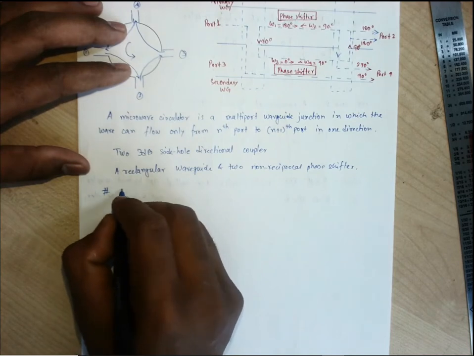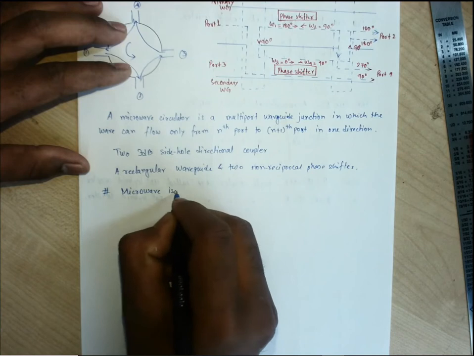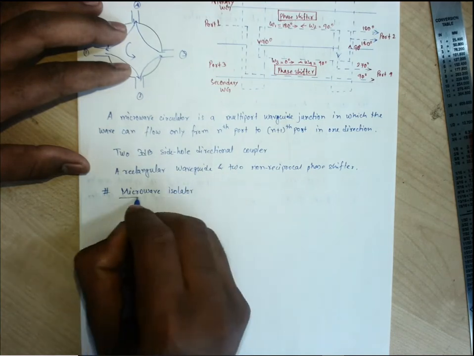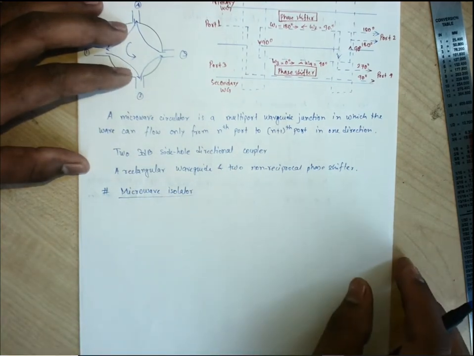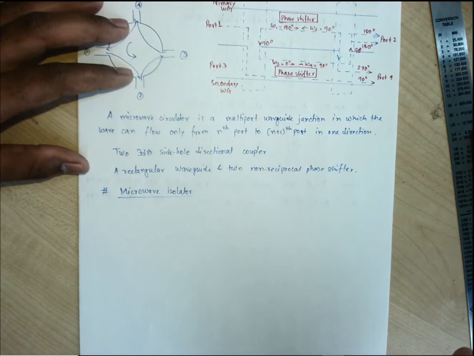Next topic is microwave isolator. So what does it mean? It is used to isolate between two waves, or we can say it is used to isolate the forward wave from the backward wave.